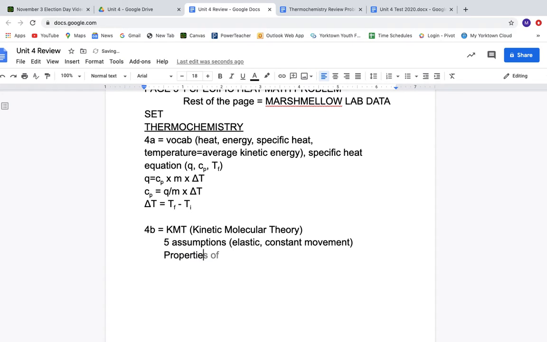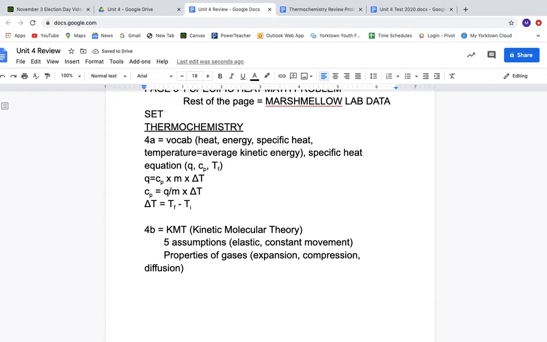And then we finished with the properties of gases in 4B. So you should know expansion, compression, diffusion, amongst those properties.